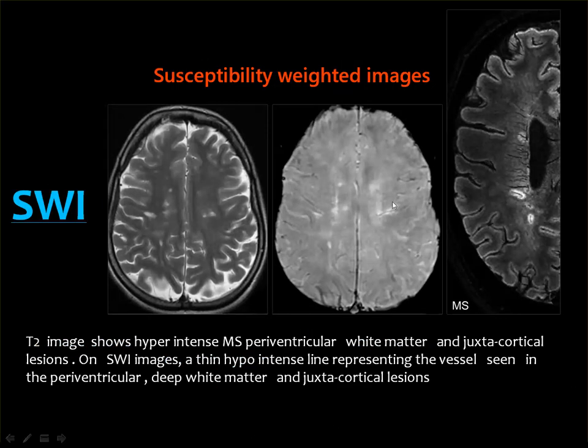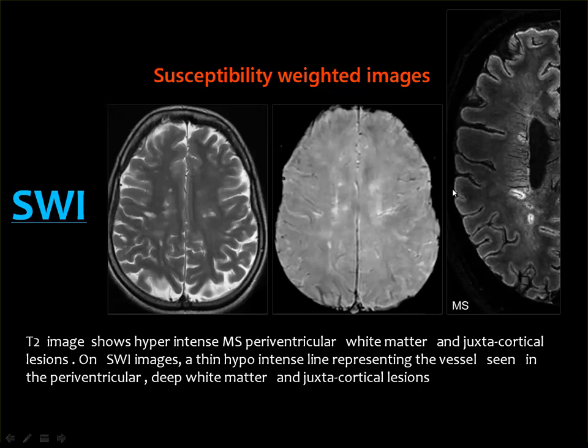Then, in the recent literature, they assume that the susceptibility weighted images are helpful to differentiate between bright foci occurring in the periventricular white matter, considering the MS and the ischemic lesions.